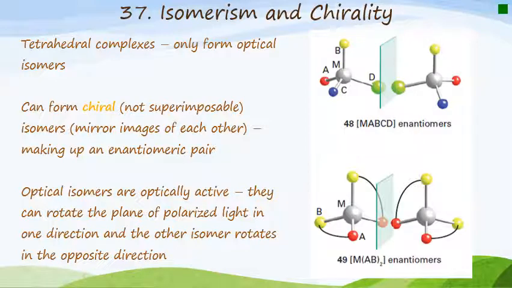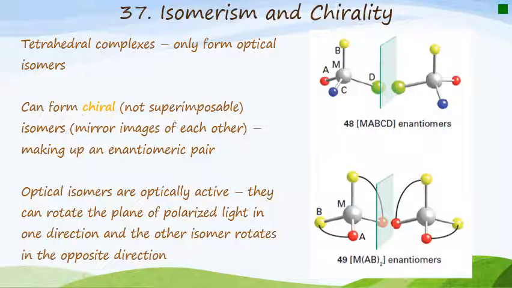Now, let's look at chirality. What is chirality? Well, isomers can have chiral isomers, where chirality means not superimposable. It means that they are mirror images of each other.